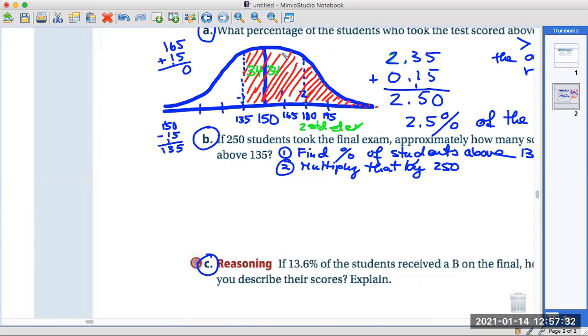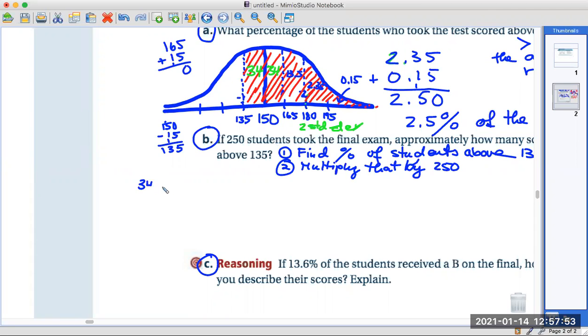I just have to know that chart. That's all it is. So we study those numbers, 34, 34. I think this is 13.5. This is 2.35, and this little tail is 0.15. I believe those are the numbers. So now I'm going to add them up.